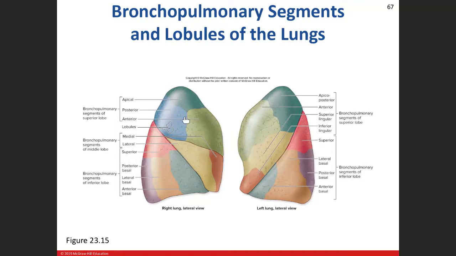Each overall lobe has its own blood supply and bronchi going there. Those bronchi then supply each individual segment. And each individual lobule within those segments has its own blood supply, bronchiole, and lymphatic drainage. This is really cool.